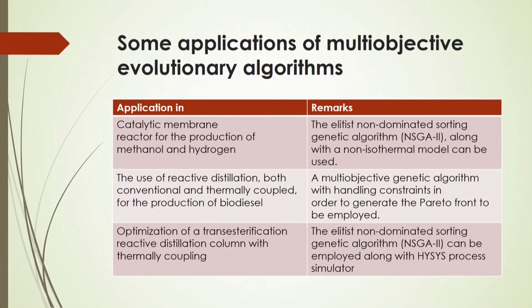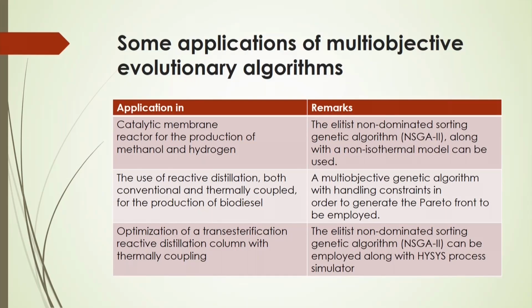In that case, you have to solve those multi-objective operating conditions by evolutionary algorithms. So, what are some special applications where you can apply evolutionary algorithms based on multi objective functions? One application is the catalytic membrane reactor for the production of methanol and hydrogen.